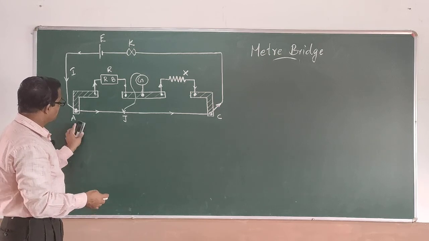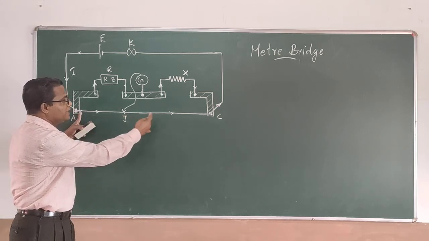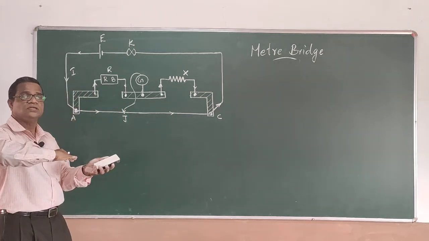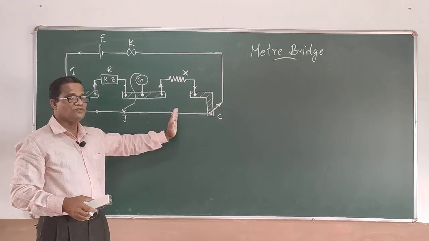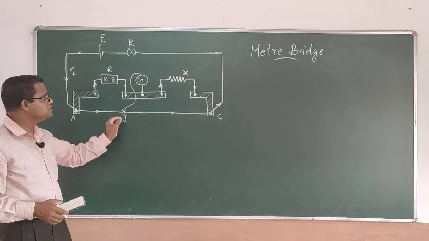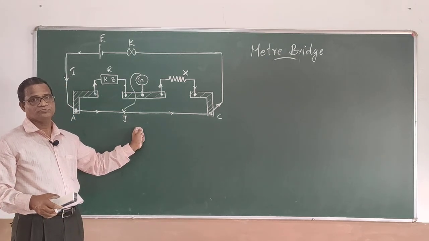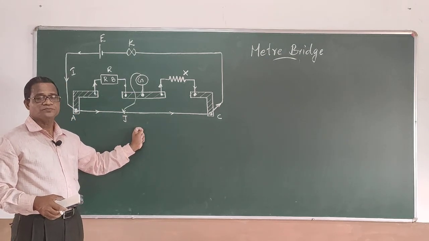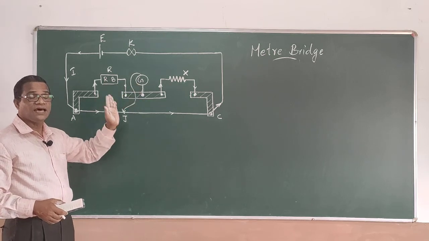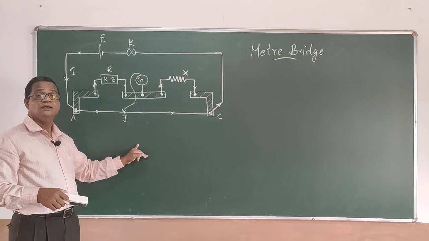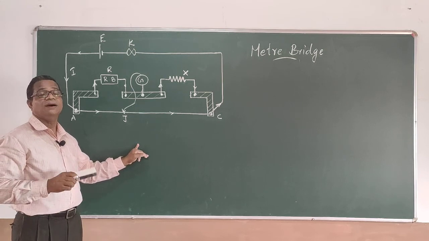So, by pressing the jockey at this point and at this point, you are getting the deflection on either side, meaning somewhere along the length of the wire, you will be getting a 0 reading. Once you get the 0 reading in the galvanometer, that means that at that point, the bridge is balanced.